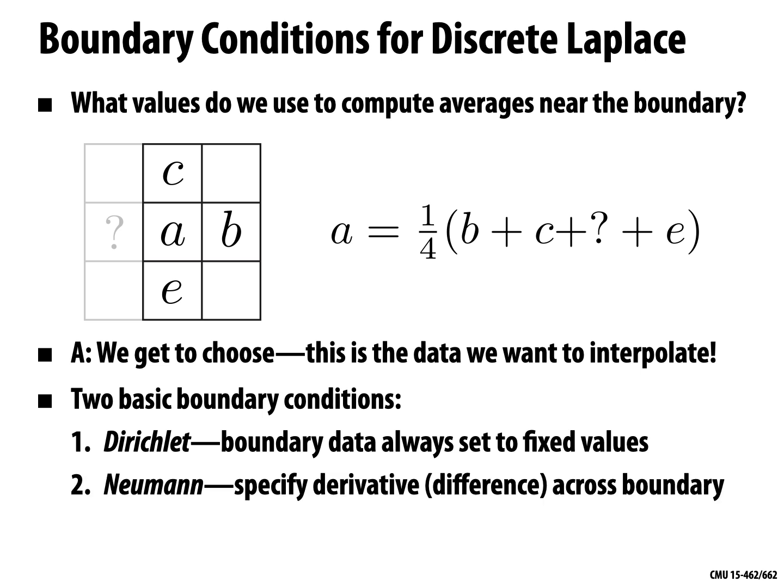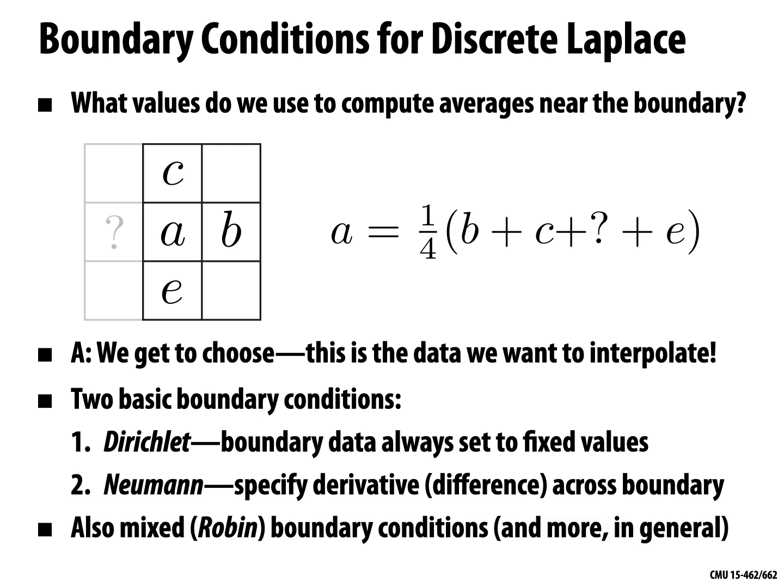The other very common boundary condition is a Neumann boundary condition that says rather than the value, we want to specify the derivative, the change in value as we go from A to this question mark node. You can, from there, formulate all sorts of other interesting boundary conditions, maybe like Robin boundary conditions, where you have a linear combination of values and derivatives and so on, but these will really get us started.